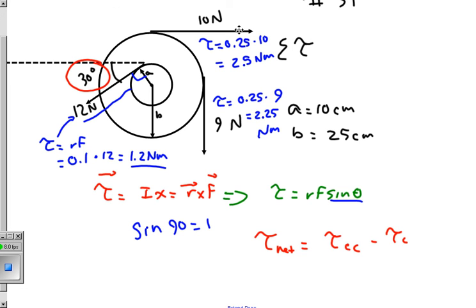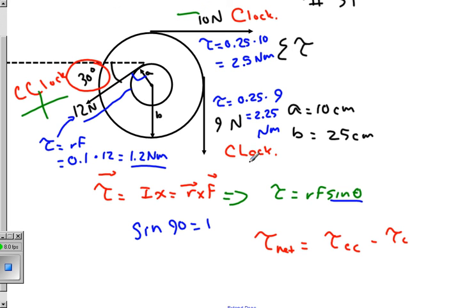So if we go up here and label these, this is a clockwise torque, this is a clockwise torque, and this one here is a counterclockwise torque. So our 12 Newton force is the only one that is a positive torque.